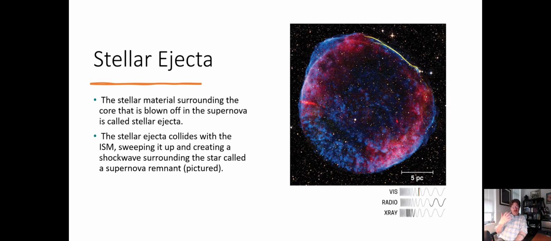What we get now is somewhat similar to a planetary nebula. We get what is referred to as supernova remnants, which is, again, essentially the envelope of the star, in this case highly enriched with heavy metals, getting blown out into space.